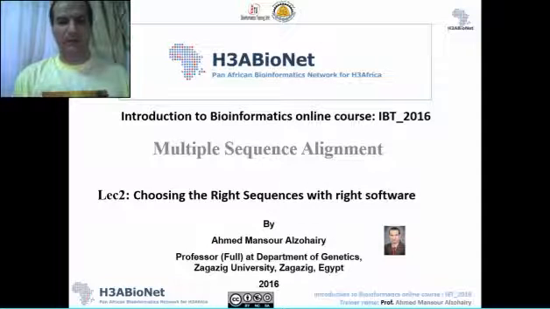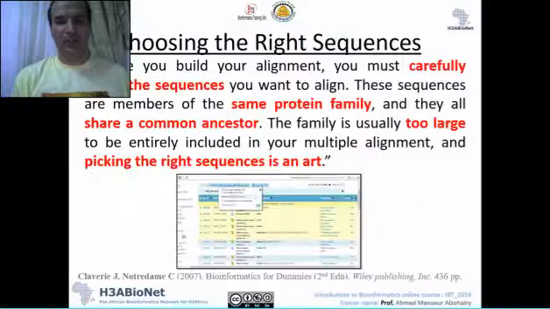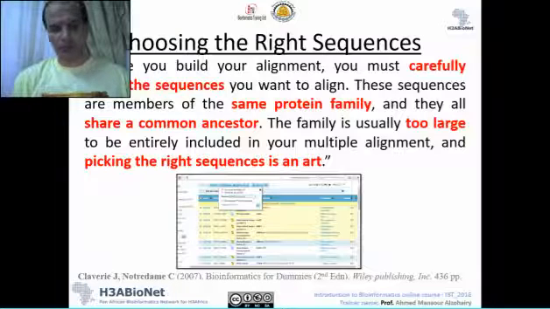Okay, hello again, everybody. Now we'll talk about choosing the right sequences with the right software. In this lecture, we'll talk about how to choose the right sequences. Of course, you have to carefully select the sequences you are looking for. For example, a same protein family that you would like to align to extract some more information.